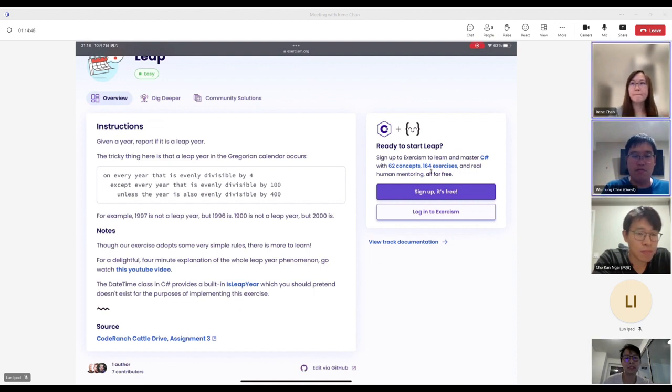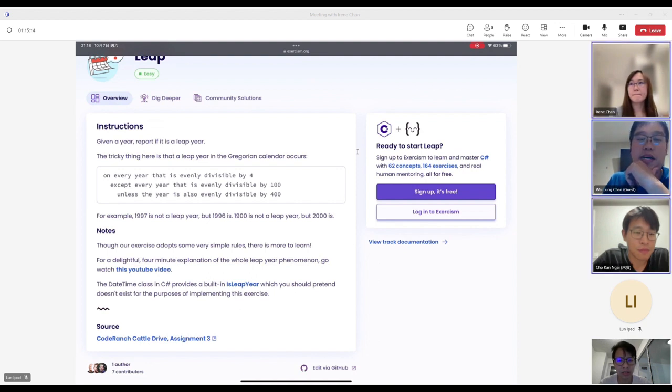So we have 3 conditions here. First of all, I think we should check if it is divisible by 4, right? If it is divisible by 4, it has a chance it is a leap year, or it is not a leap year, right? And the second condition is that we have to check whether it is divisible by 100.